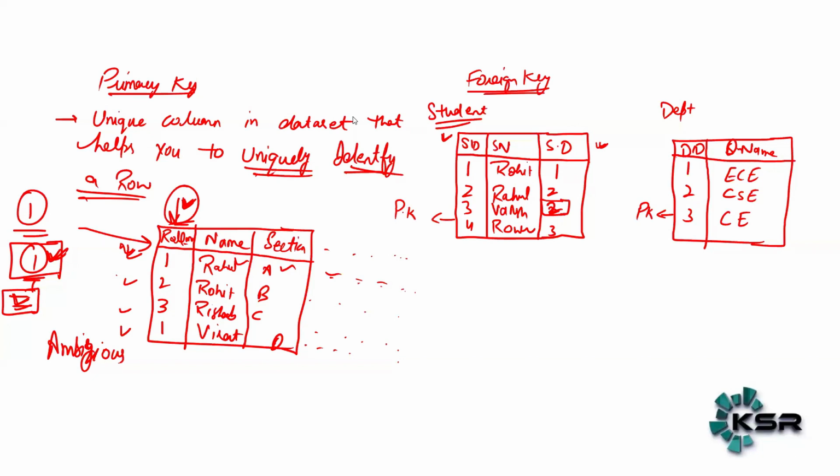So now, you are referencing this primary key by which column? Basically, from here, if the department is 1, how will you get which department it is? You will go ahead and check for 1 in this table, right? And then you will retrieve this value.